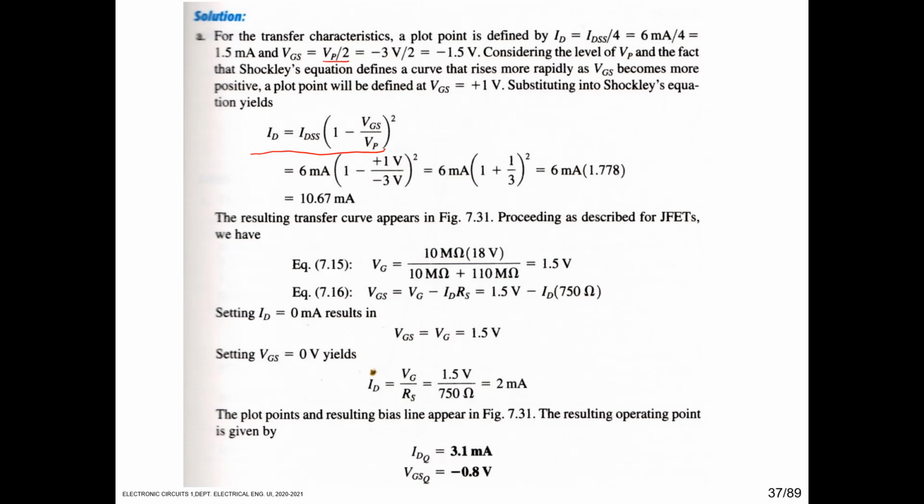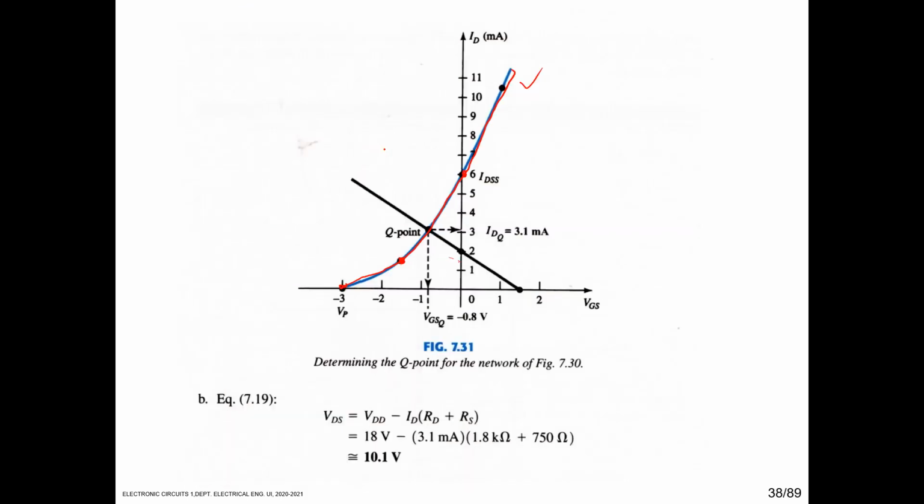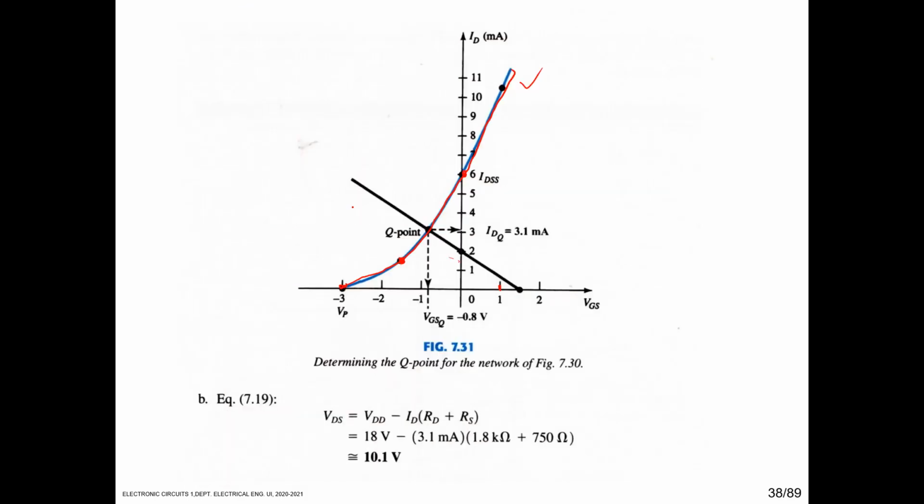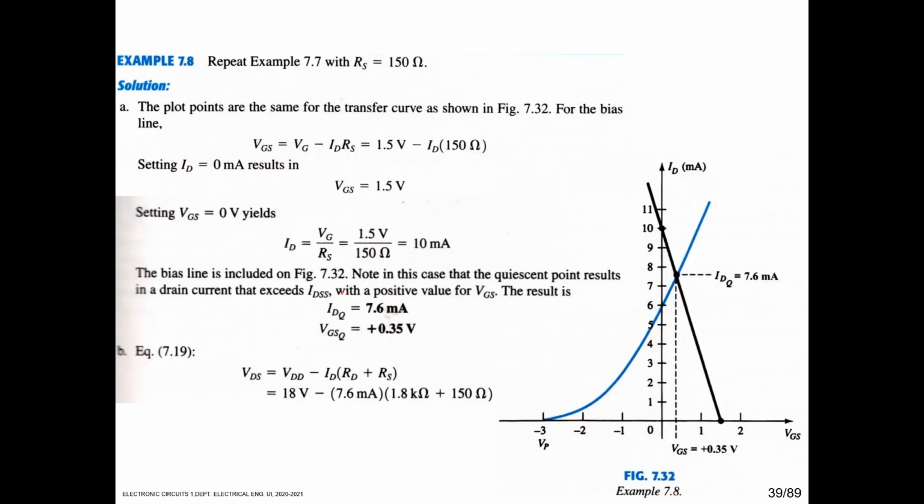IDSS is constant, VP is constant, just put in the VGS like this one. For example this VGS1. So VGS1, put in this equation, so you got that ID is 10.67. So here 10.67. So this is another point. So just make it like this one. So this is the device characteristic of the FET.